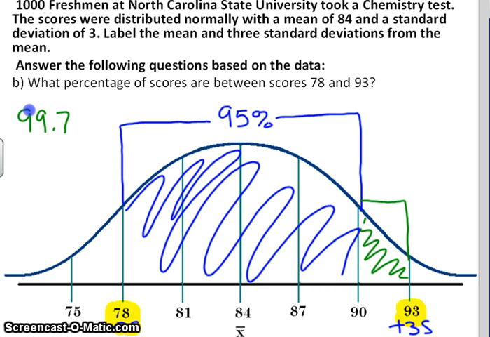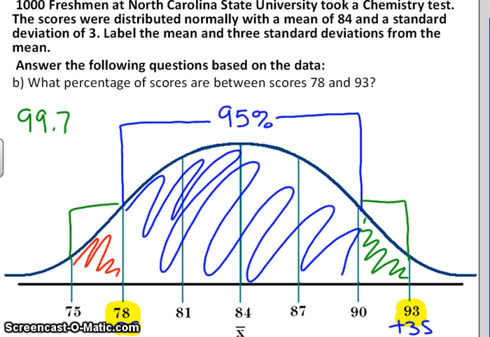I know that my percent is going to be smaller than 99.7 because 99.7% also includes the section which I am shading in red. That section is not included in the range that they have given us, so we have to remove that section. In order to remove the section, I first must figure out what percent that section represents.